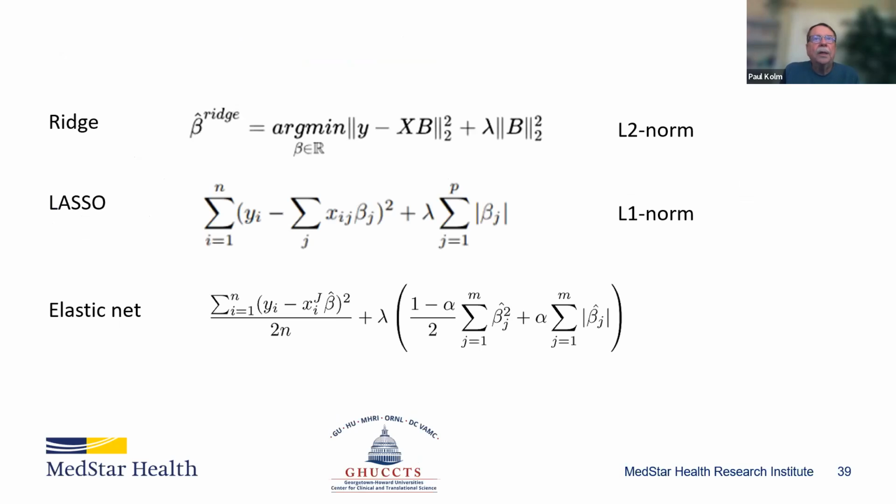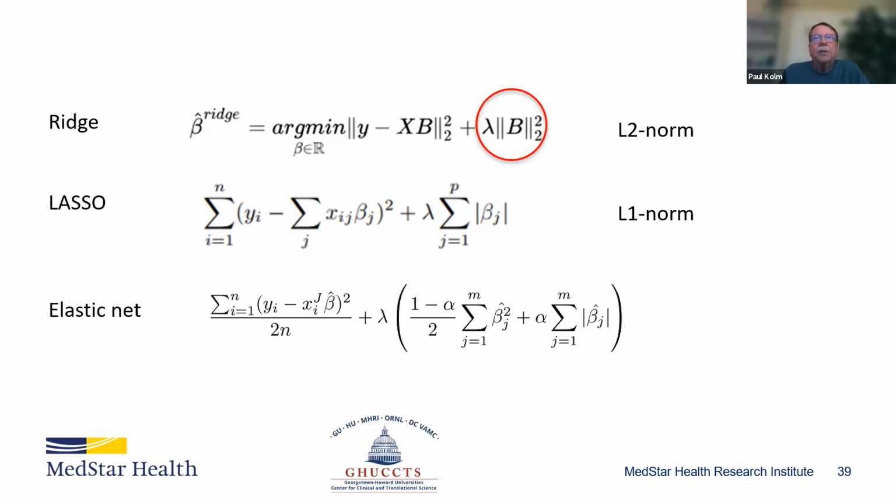So just to illustrate for those who are interested in the math of this, the penalties that are applied here. For the ridge regression, which is sometimes called the L2 norm, basically it's taking the regression coefficient and squaring it. And the lambda in there is what's called a tuning parameter, which is the case for all 3 models here.